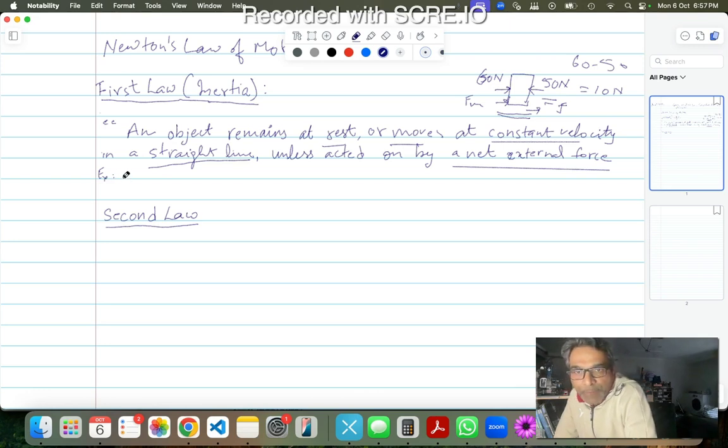Example: a ball on the ground won't move until you kick it, right?